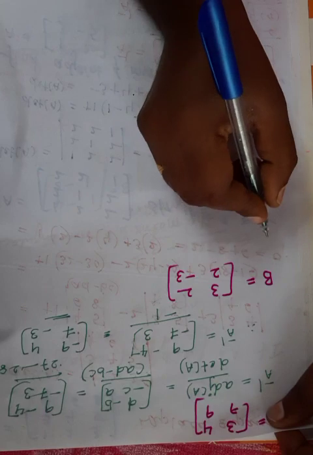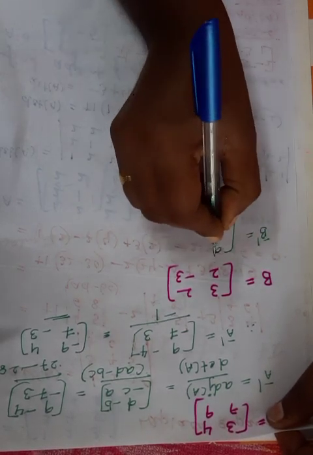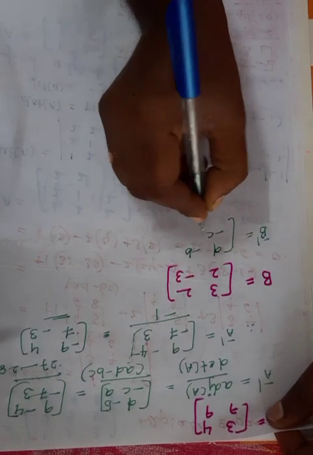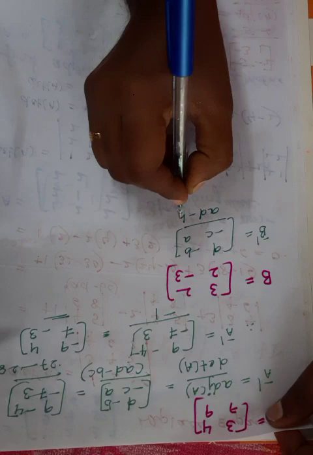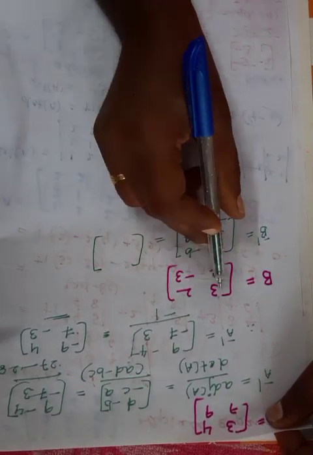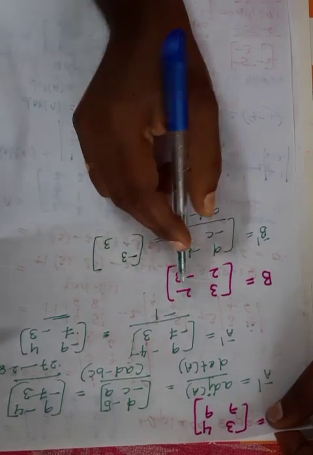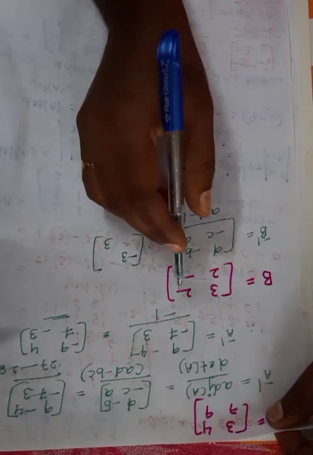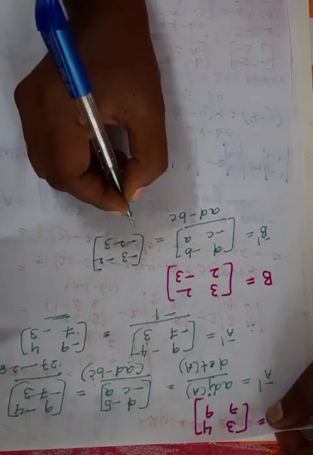Then the next, B inverse is equal to D minus B minus C A divided by AD minus BC. So 3 and minus 3 should be interchanged, so minus 3 3. 2 and 2, the signs of these numbers should be changed, so minus 2 minus 2.